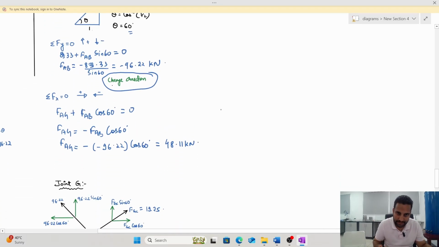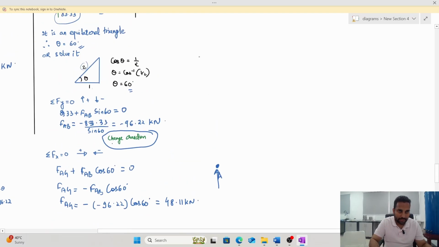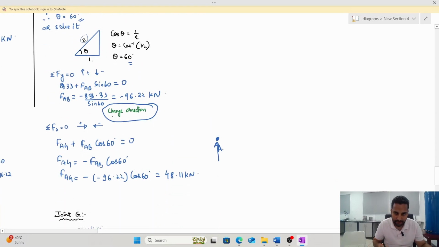So at joint A, if you see at this point A, what all you have? You have a reaction of 83.33, which is coming from down. You have FAB. Initially we assumed it was going out, but since it is negative, we have to assume that it is coming towards A, and it is equal to 96.22.